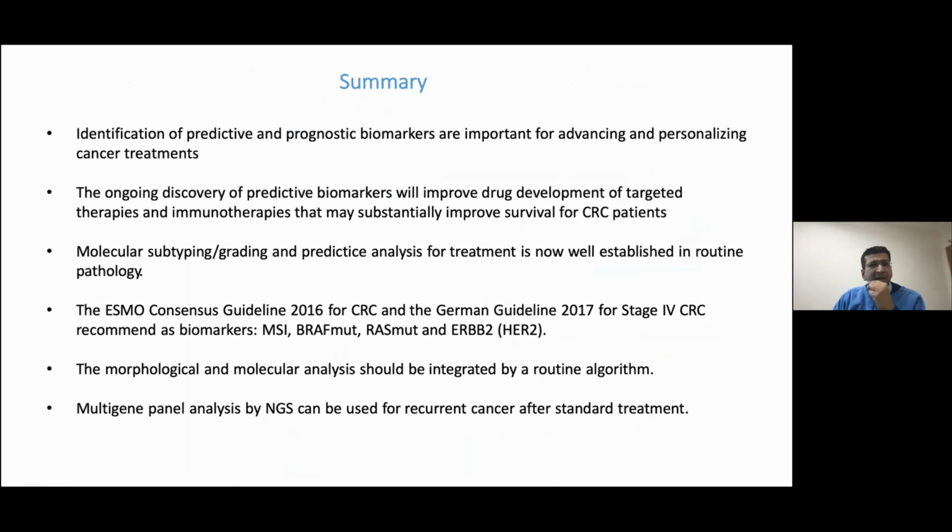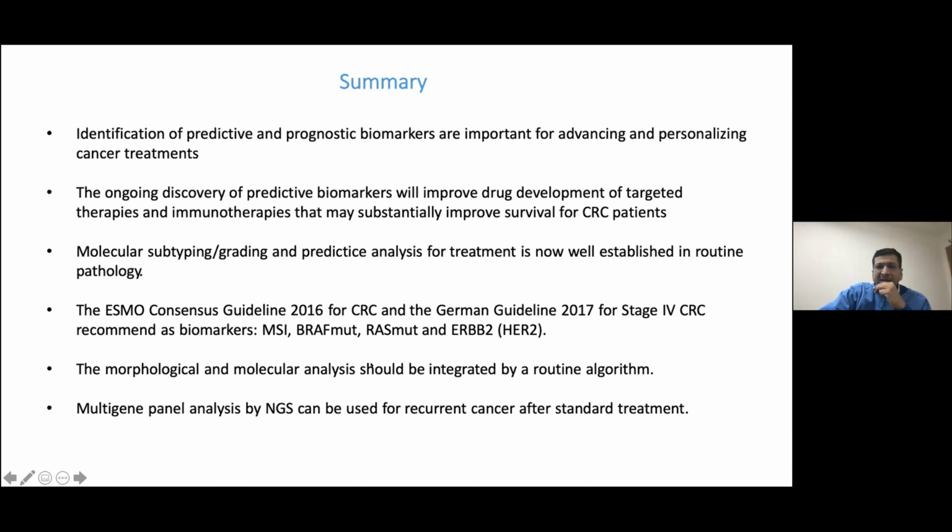So summarizing, identification of predictive and prognostic biomarkers is important for advancing our understanding of cancer treatments. We need to identify more predictive biomarkers and improve drug development. Molecular subtyping, grading and predictive analysis for treatment is now well established in routine pathology.